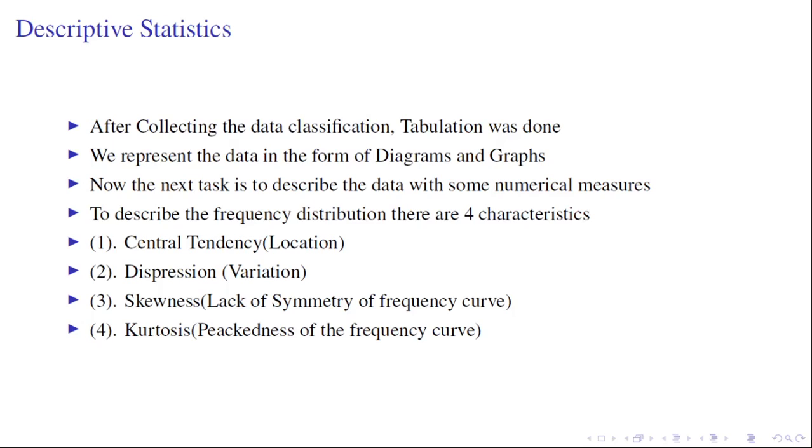Here, the same concepts, measures of central tendency and measures of dispersion, but you are going to study them in detail, in depth, and the utility of those measures you are learning here.